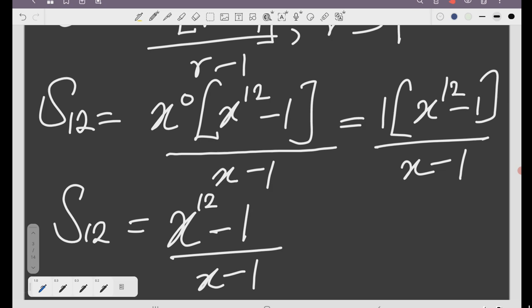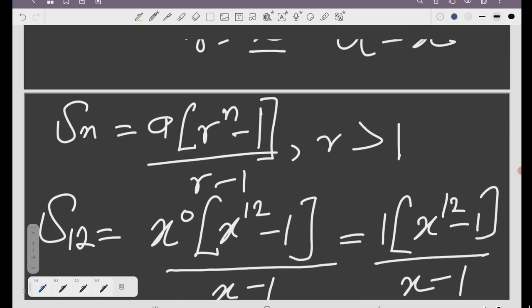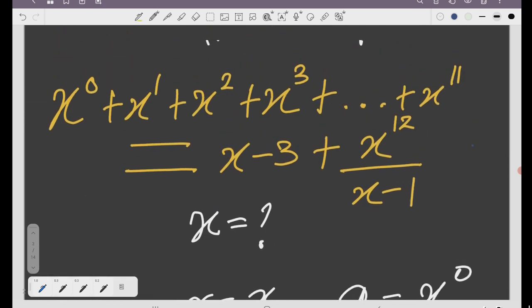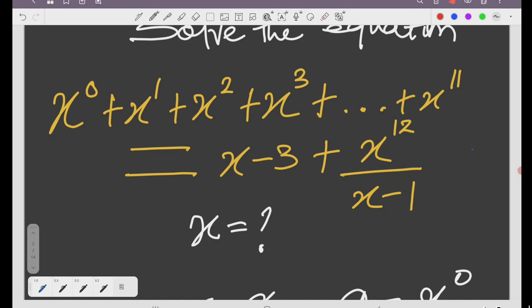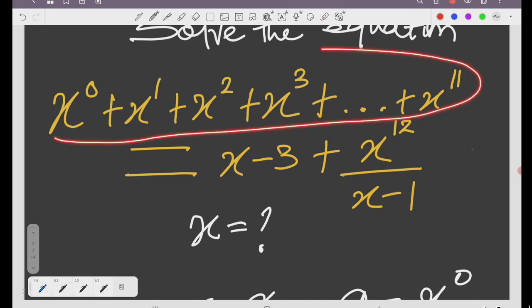This is the sum of the 12 terms of this geometric progression. So the sum for this is what we get in this solution.